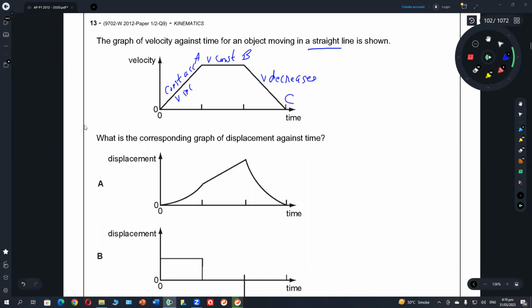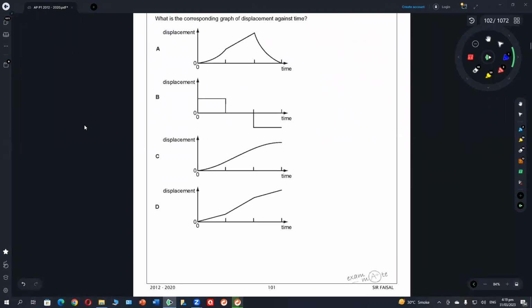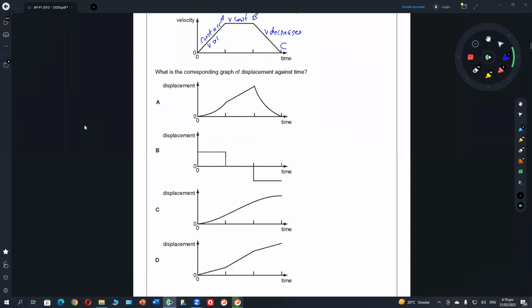In a displacement time graph, gradient is speed. In a displacement time graph, gradient is velocity. So first velocity increases, then gradient becomes constant, and then velocity decreases. Remember that in a displacement time graph, gradient is velocity. Velocity is not negative anywhere. A will be the answer for this.